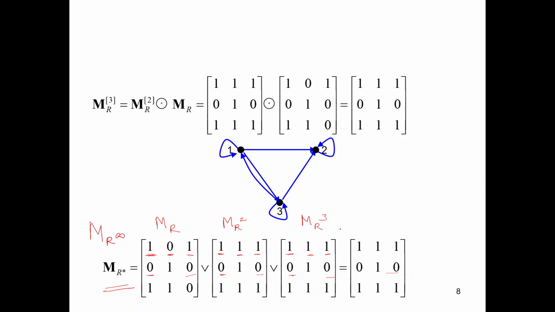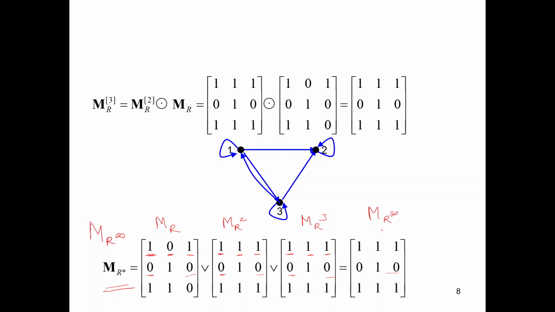Actually, MR cube was not even necessary, but we have calculated it, so it doesn't hurt. We find the union, but as you can see, they're exactly the same. So we could have stopped at MR square as well. After we found that MR cube is the same, it will not matter even if you just take the OR of MR and MR square. Anyway, this is MR infinity. I hope this procedure is clear.